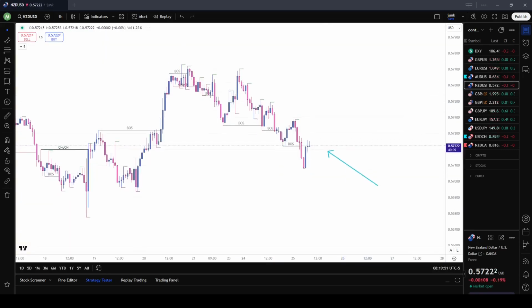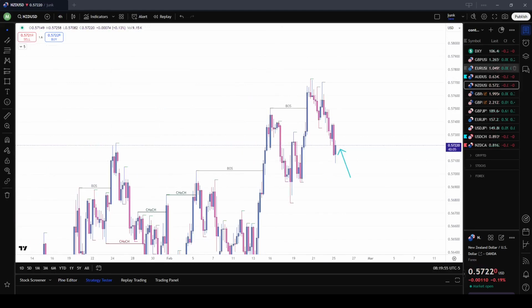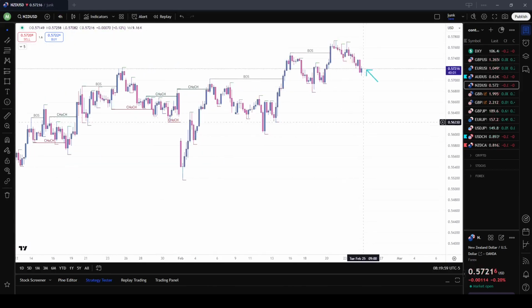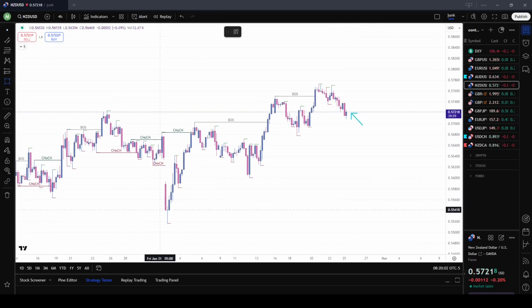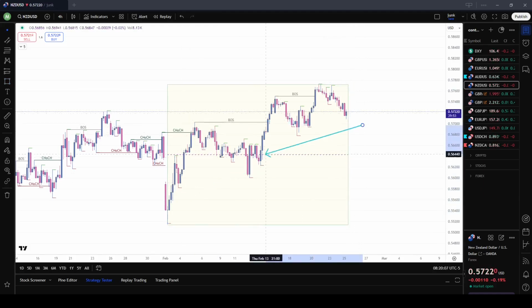NZD USD. Let's go to the 4-hour chart. This was a similar chart to AUD USD. We'll map out the entire range that we're dealing with. Higher highs, higher lows, higher highs, higher lows, breaking structure.